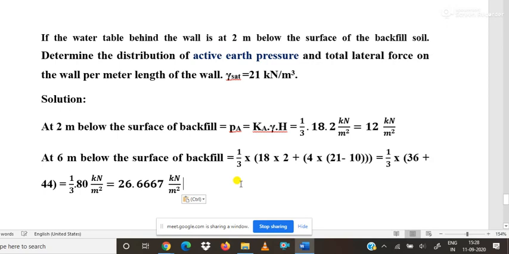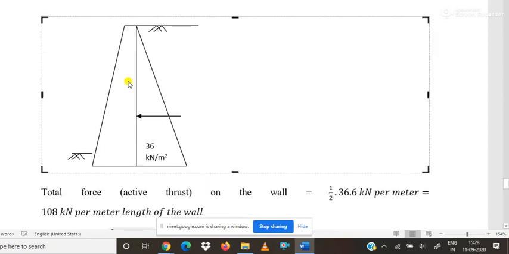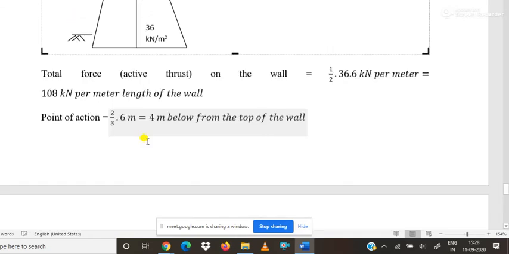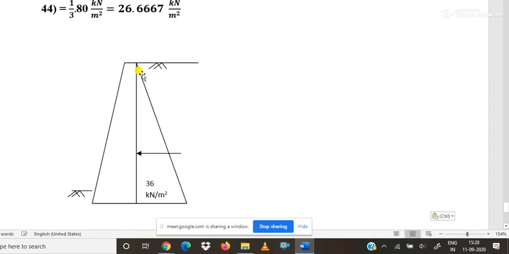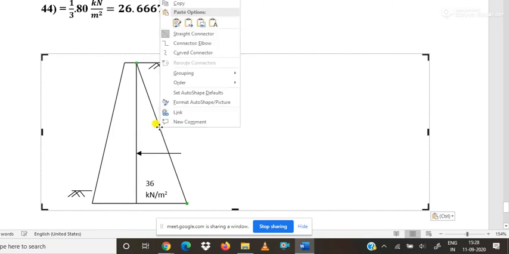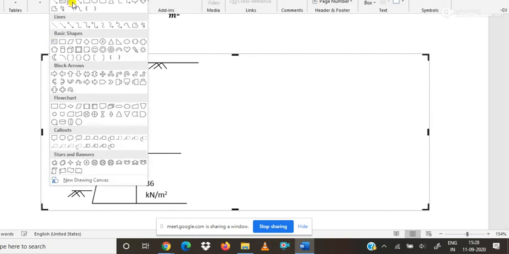This is the active pressure distribution, and if I copy this pressure diagram, there will be some modification in this diagram.